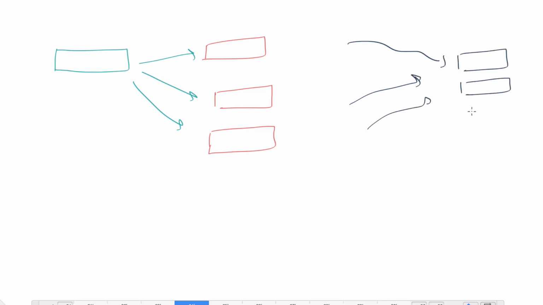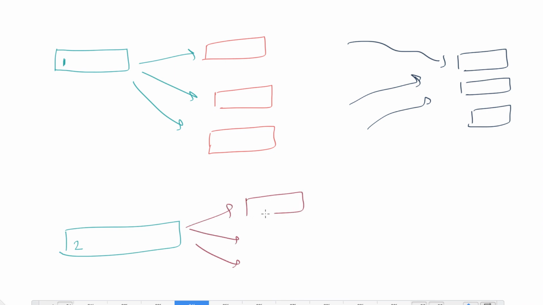Suppose this is packet number 1, this may be packet number 2, and this packet also gets fragmented, let's suppose into 2 fragments. Now these 2 fragments also reach the same destination, because let's suppose the source and destination are fixed for both of the packets, which is quite common.